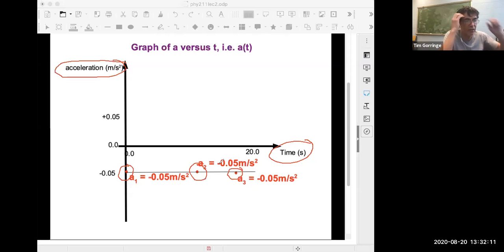So let me just reiterate. Distance and displacement have units of meters, dimensions of length. Velocity is defined as a distance or a displacement over time, so it has units of meters per second, or dimensions of length over time. And acceleration is defined as velocity over time, so that has units of meters per second squared.